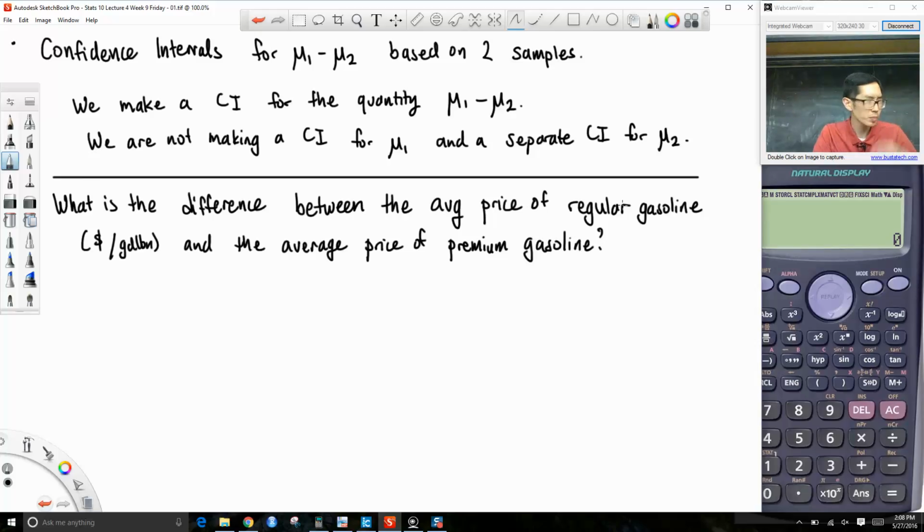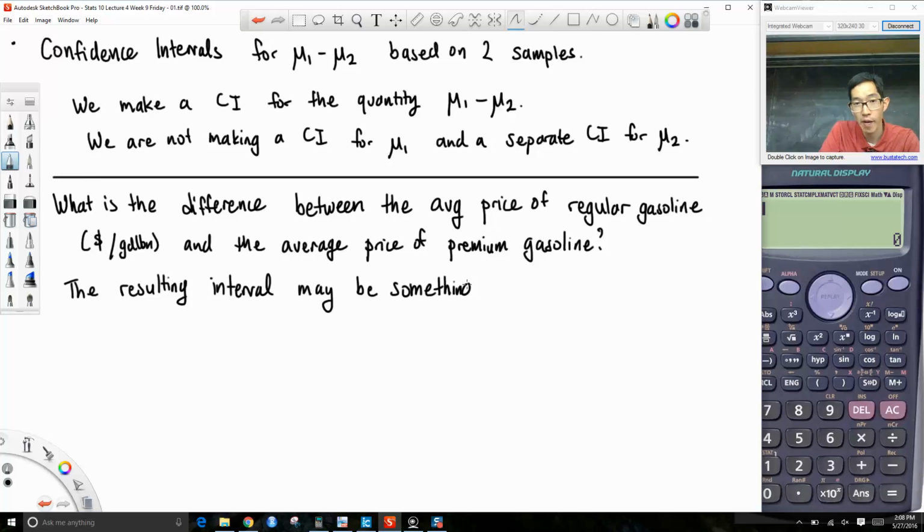So the resulting interval may be something like, I don't know, 16 cents to 26 or something like that, okay?